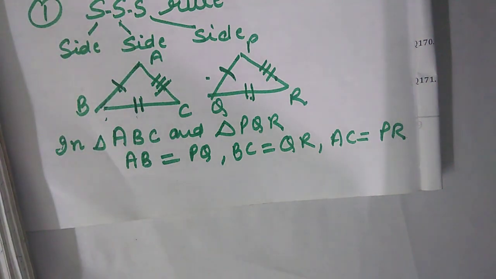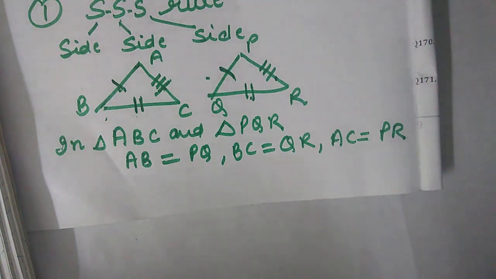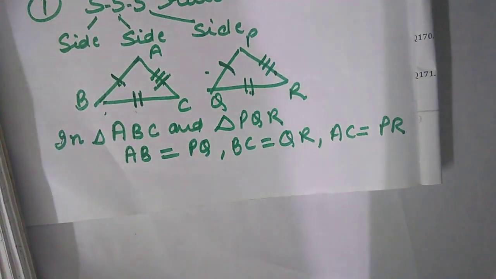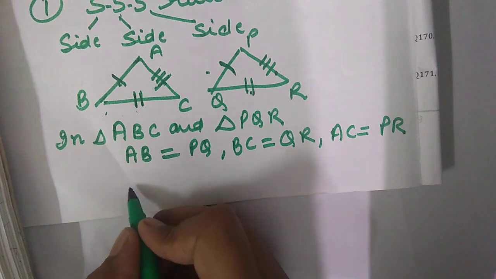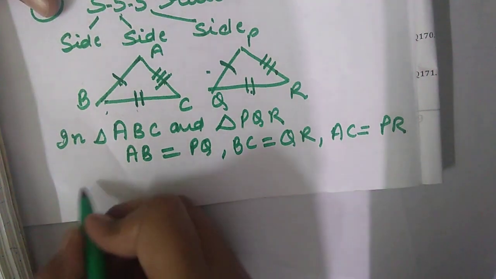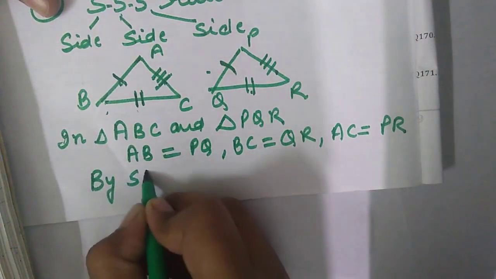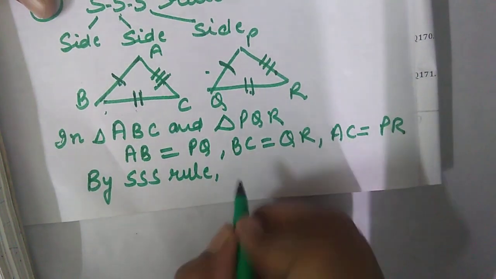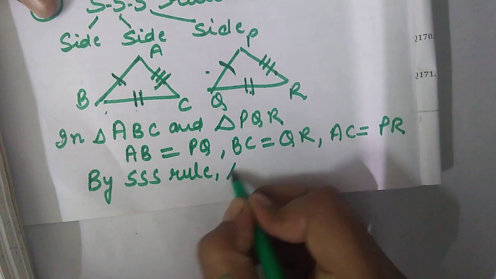Again the statement I am repeating: two triangles are congruent if the three sides of one triangle are equal to the three sides of another triangle, then we can say the triangles are congruent. Now how will you write that the triangles are congruent? As the three sides are equal, by SSS rule the triangles are congruent. And how will you write the naming of the triangle?